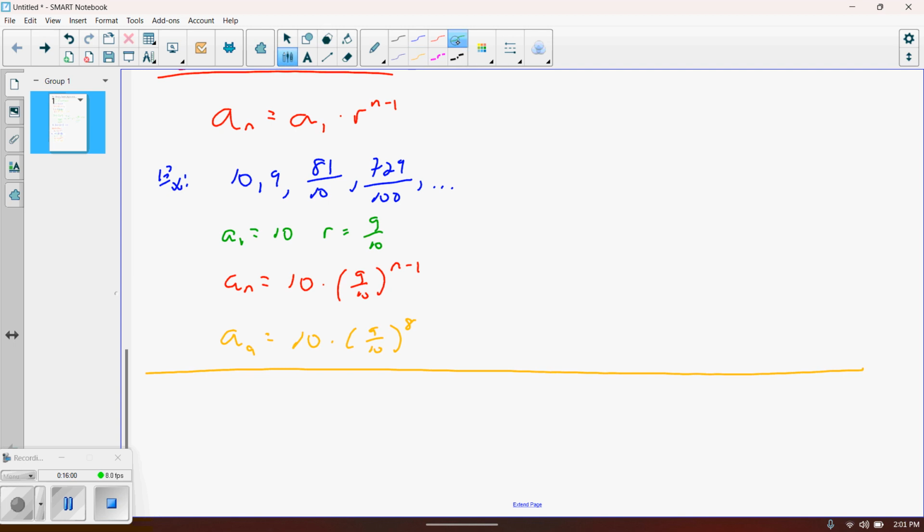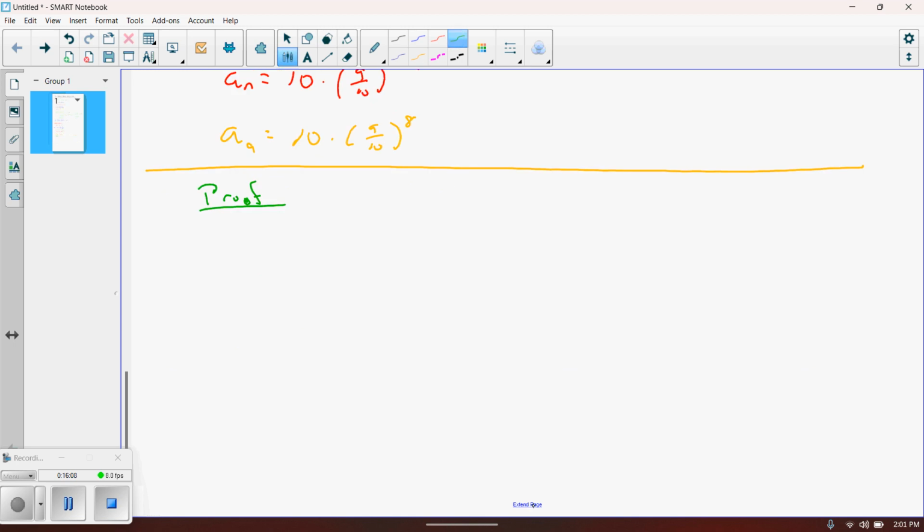So let's start off with the fact that we know that the sum of the first n terms of the sequence is basically just going to say, okay, I'm going to start off with the first term. My second term is what I get after I multiply the first term by r.